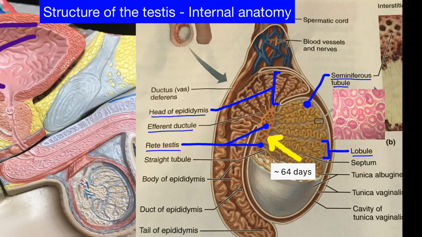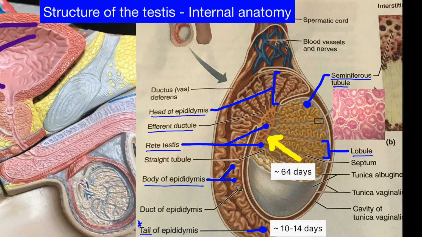So the sperm move from the head of the epididymis to the body of the epididymis, and they end up in the tail. That whole process of moving through the epididymal network takes 10 to 14 days, so about 2 weeks based on a study I read.